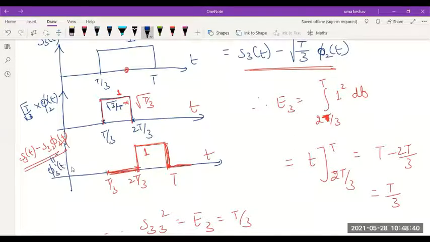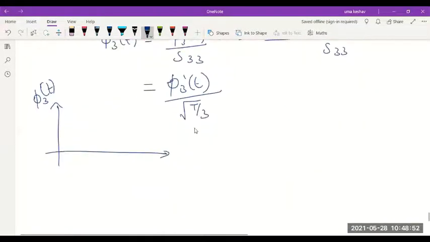Phi 3 dash of t is what we have here, whose value is 1 between the range 2t by 3 to t. So when I divide this with root t by 3, what will I get? It's almost like 1 divided by root t by 3. How much will it be?